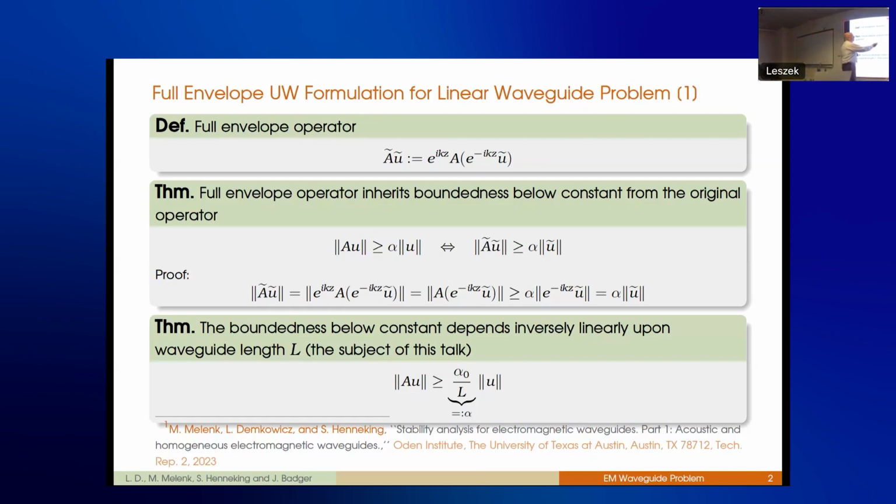If this is the representation of the operator, this is the major big theorem that we started with. It says that the original operator is bounded below if and only if this modified operator is bounded below with exactly the same constant. If you remember, stability depended upon alpha and beta.